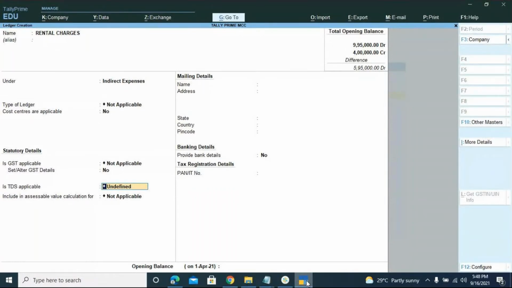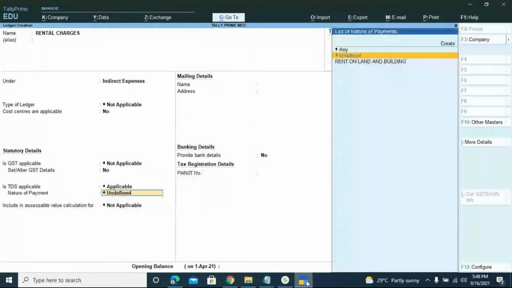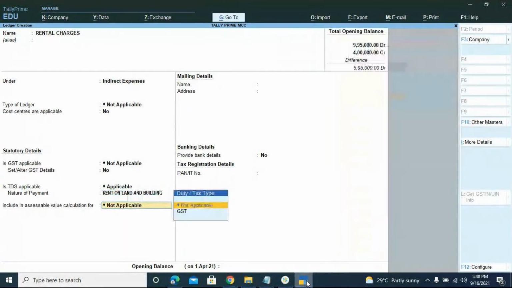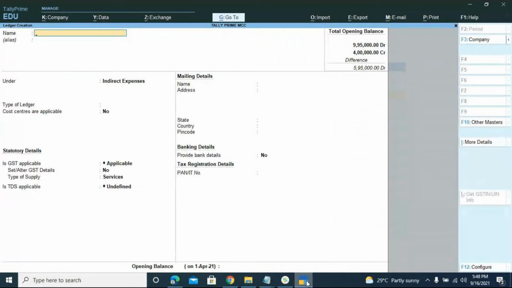So next is the field, is TDS applicable. Please press the space bar. Yes, TDS is applicable. What nature of payment? Rent on land and building. That's it.